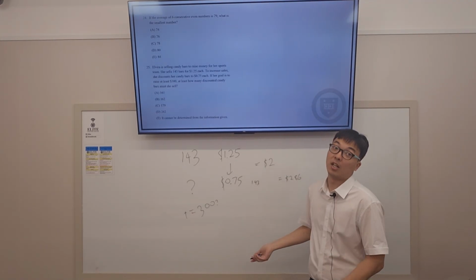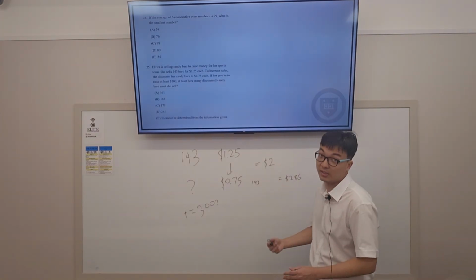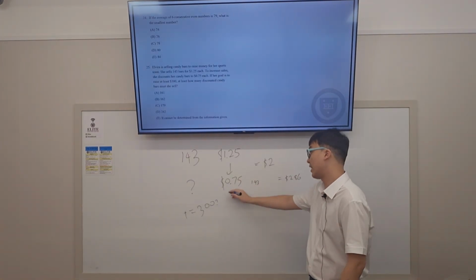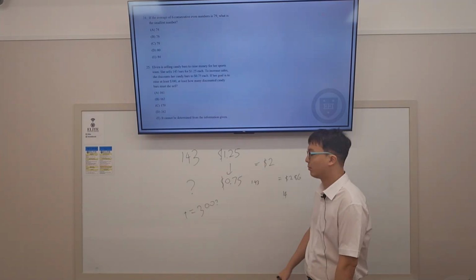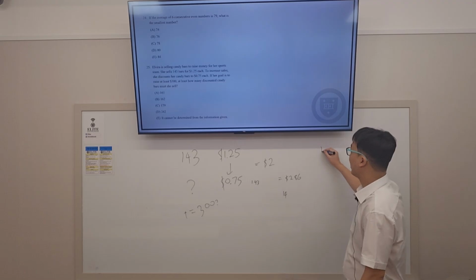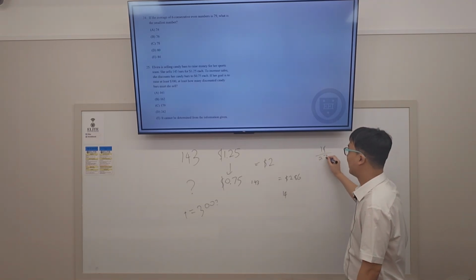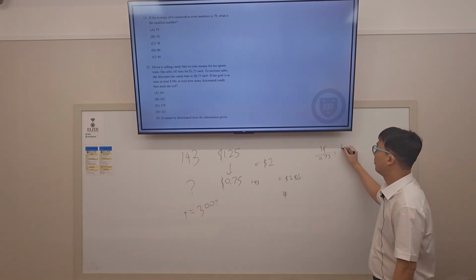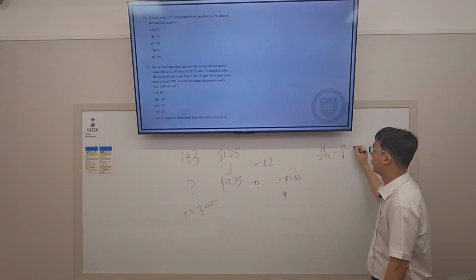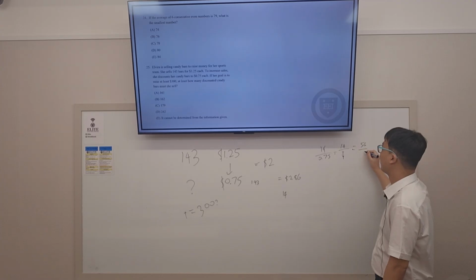This makes our life a lot easier, because now we only need to calculate how many more discounted candy bars we need to raise an extra $14. That is just 14 divided by 0.75, which is 14 over 3 over 4, which is 56 over 3.